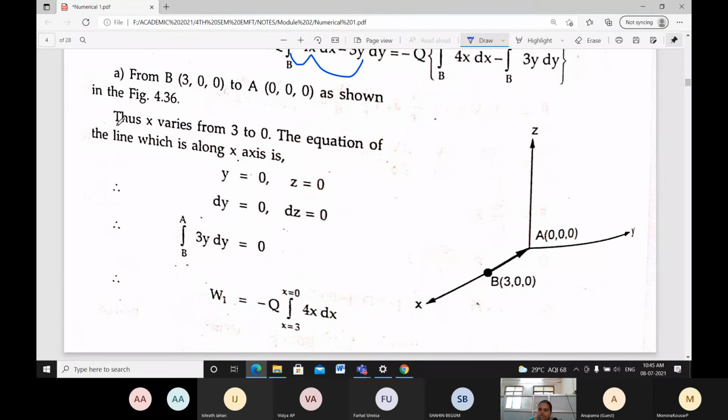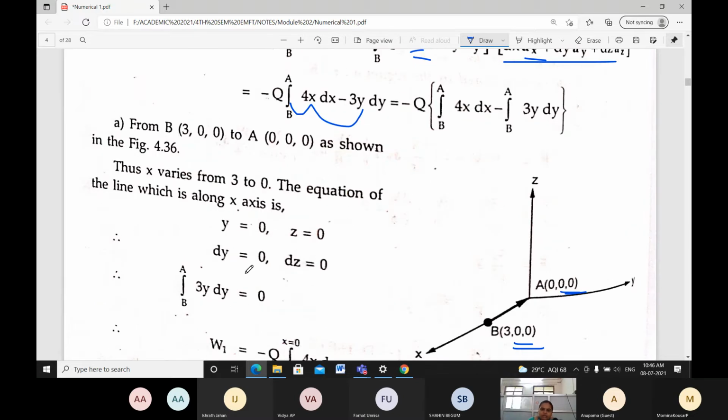Therefore, x varies from 3 to 0. The equation of the line is along the x-axis, y is 0 in both cases, and z is also 0. Therefore, y is 0, z is 0, dy is also going to be 0, and dz is also going to be 0. In the first case, integration b to a 3y dy, this part is going to be 0. Remaining is b to a 4x into dx.